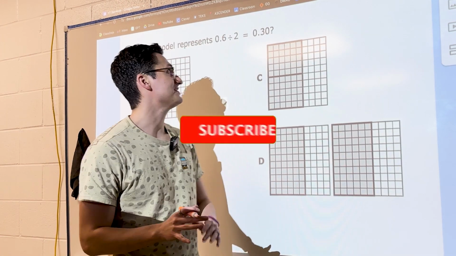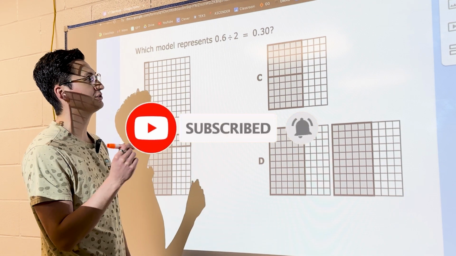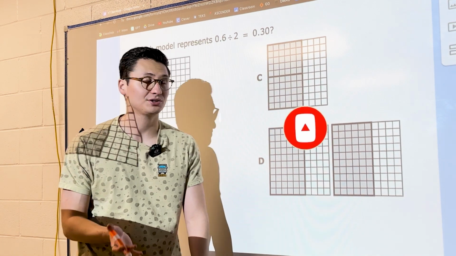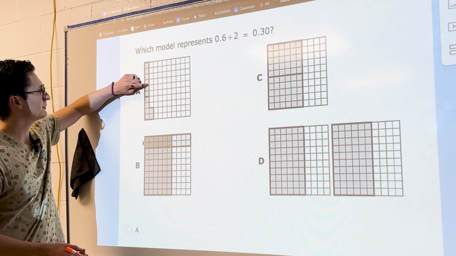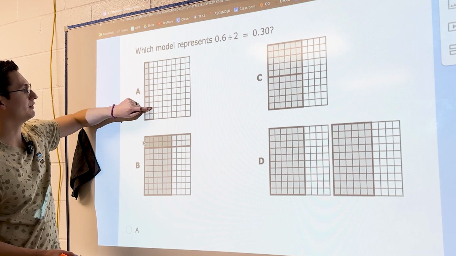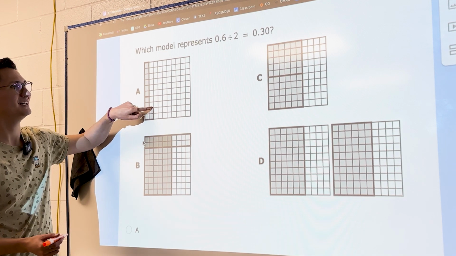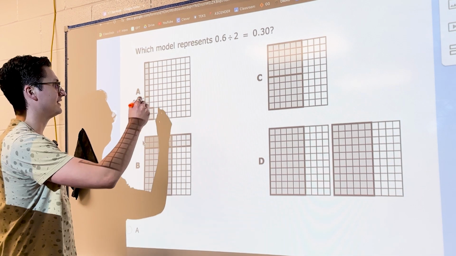Which model represents 0.6 divided by 2 equals 3/10? So let's check out this first one. This right here would be 10, 11, 12. This would be 12/10. Does 12/10 equal 3/10? No. It does not, so that's wrong.